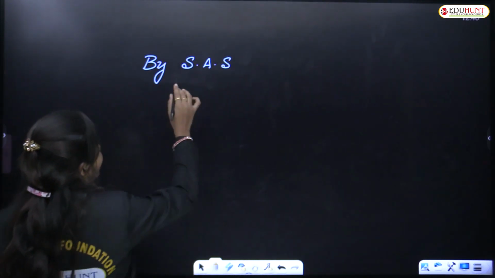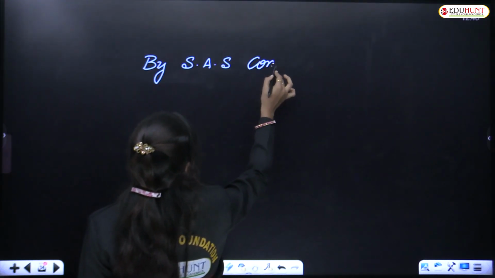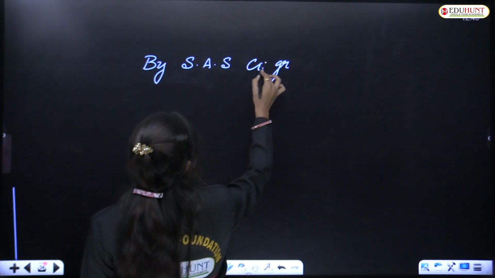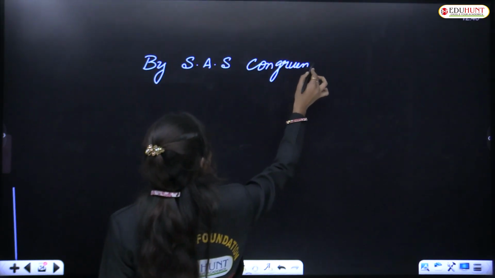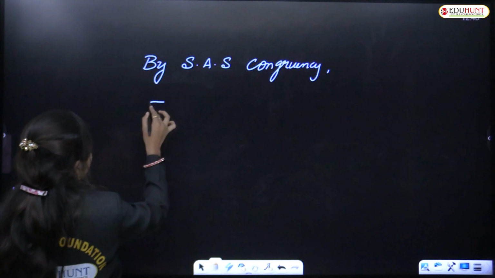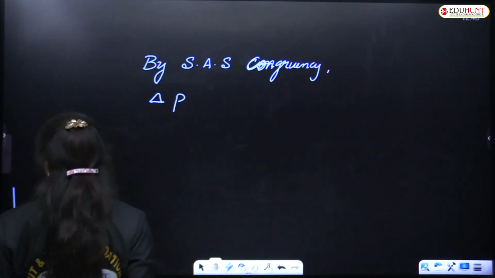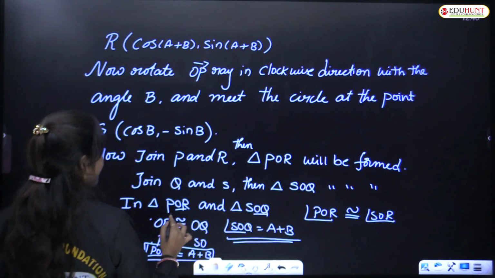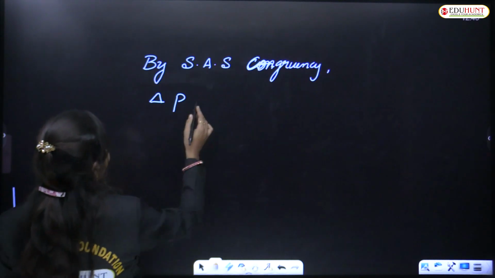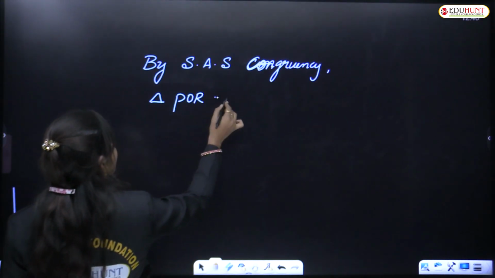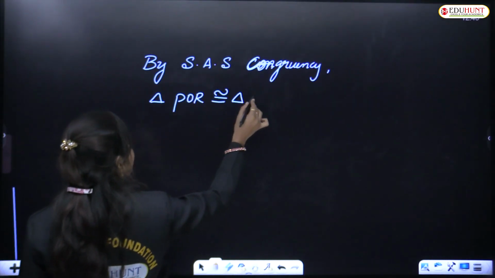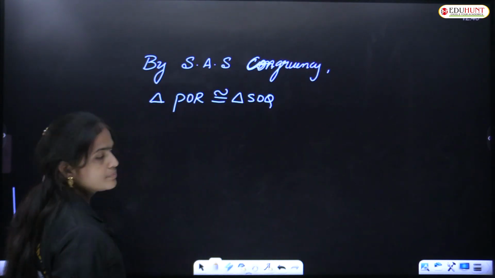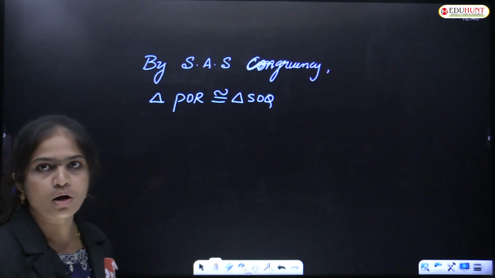So that's why by SAS congruency, triangle POR is congruent to triangle SOQ. Okay? By using that congruency.